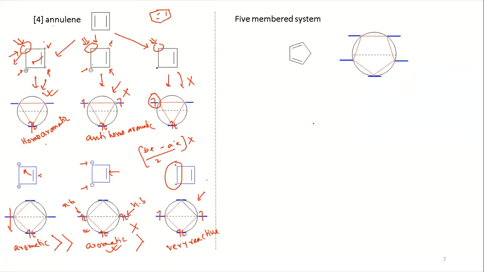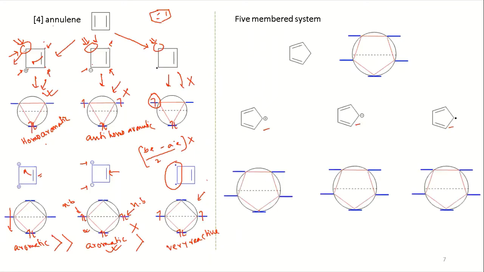For the 5-membered ring, you can quickly think of positive charge, negative charge, and radical. So you have 4 electrons here. You are placing this one for these two, 6 electrons. So I can place it like this, and this is 5 electrons. Oh, sorry, yeah. Okay, so that means this is a biradical formation.